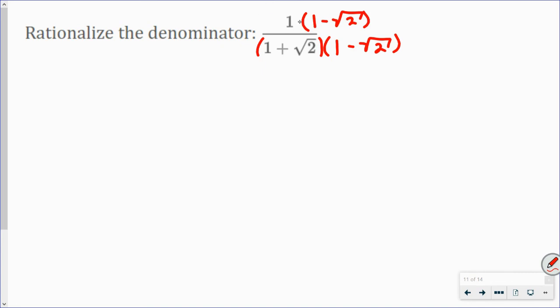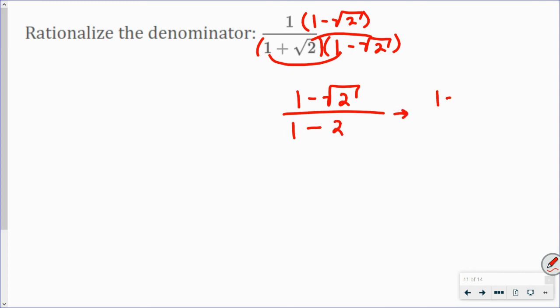And in the top, when I multiply that by 1, I get 1 minus radical 2. In the bottom, because they're conjugates, your middle terms cancel out. So all you have to do is the first and the last. So that's 1 minus square root of 2 times square root of 2 is 2. And 1 minus 2 is negative 1.